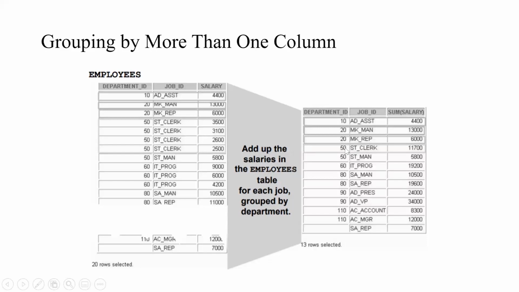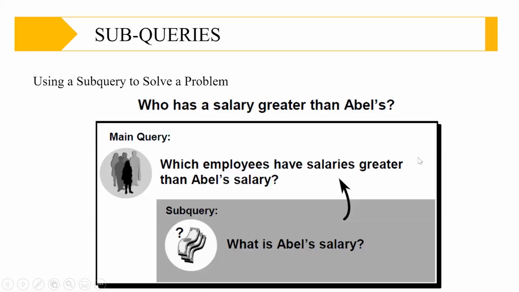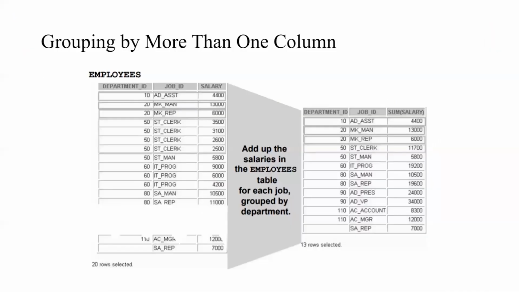So 50 for ST clerk, and these rows get summed, and then you get 50 for ST clerk 11700, and 50 for ST man. It is only one row, so it will be the same, 5000. Right, let's see how we can write these queries.